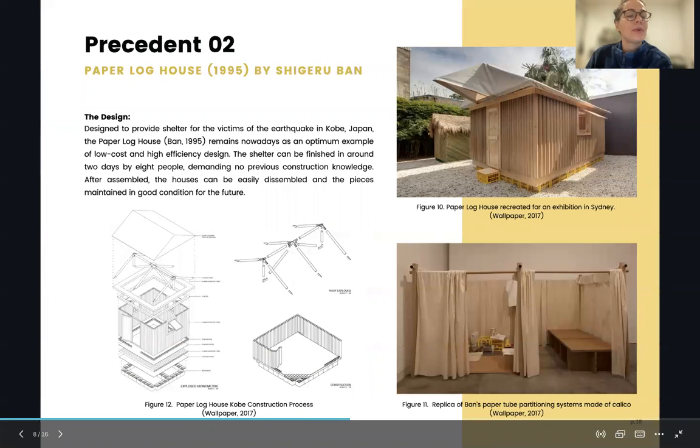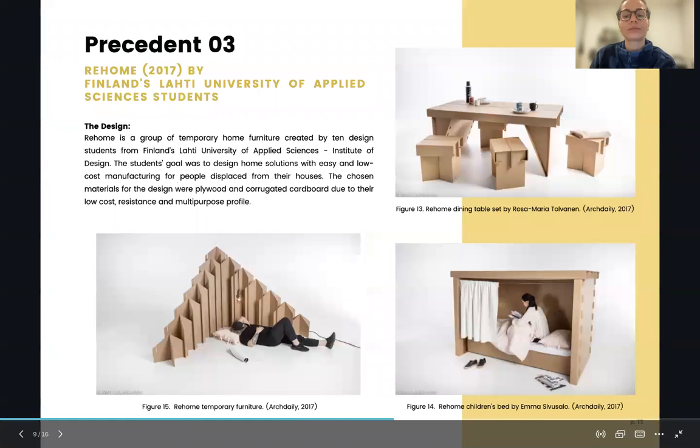The second one is the Paper Log House, which is a project by Shigeru Ban, and is very famous due to its sustainability and how easy and affordable it is to construct. And even though it's from 1995, this project is still very important for social housing and temporary housing.